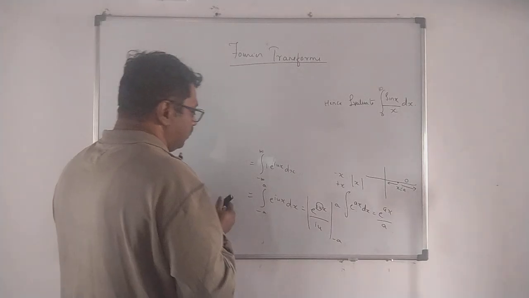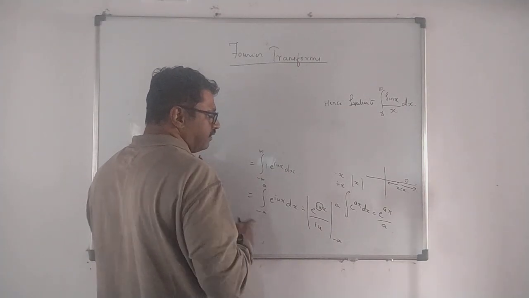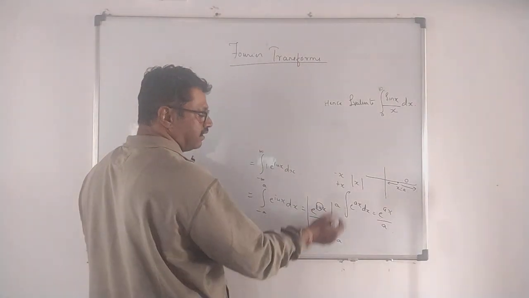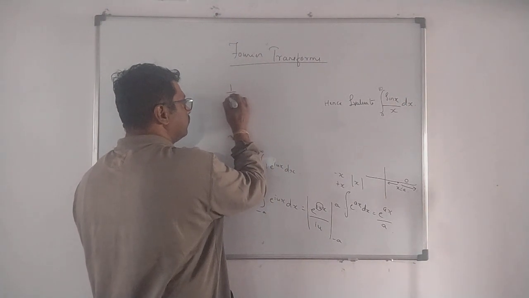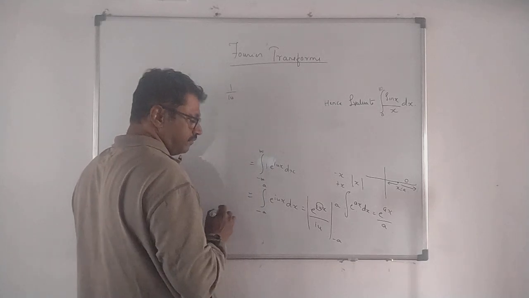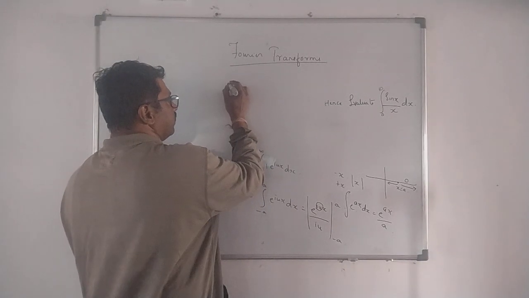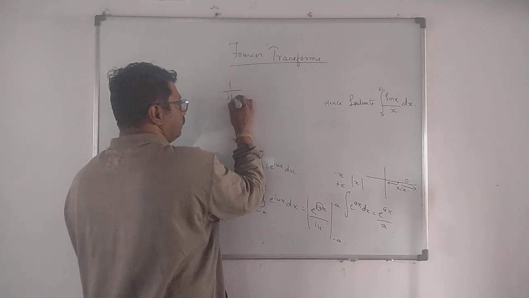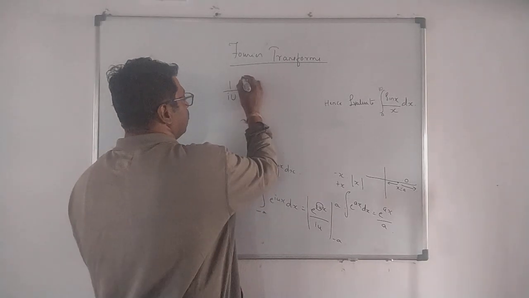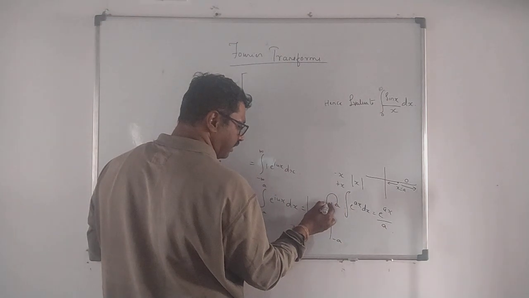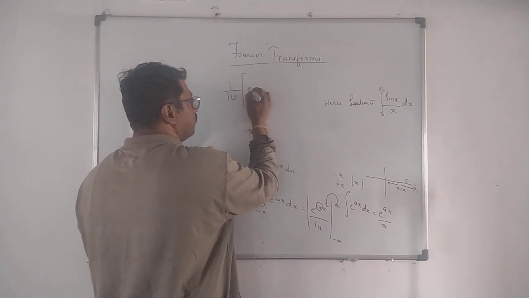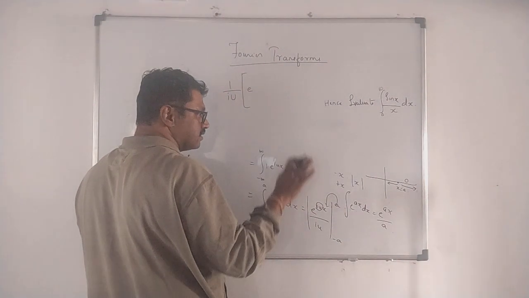Now, when you integrate with definite values, always keep the constant out. Otherwise you will go wrong. Right, bigger one. 1 by iu. Now you supply the value for x: e to the power of upper limit minus lower limit.